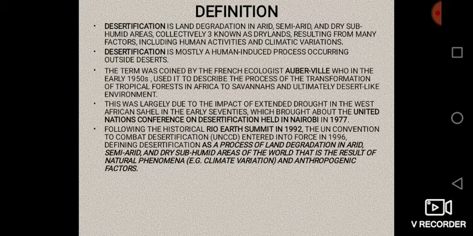The definition given states desertification is a process of land degradation in arid, semi-arid, and dry subhumid areas of the world that is the result of natural phenomena, for example, climatic variation, and anthropogenic factors. So we can sum up that the two factors, climatic variation and anthropogenic activities, are altering the land character and leading to the problem of desertification.